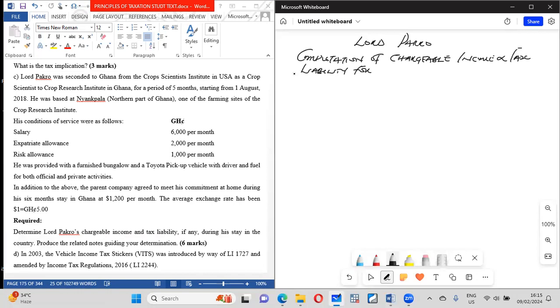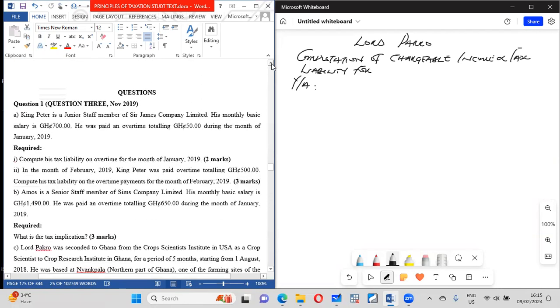So we have the year of assessment. Which year is that? During his stay in the country. We are not actually given the year in any part of the question. Is it a continuation?